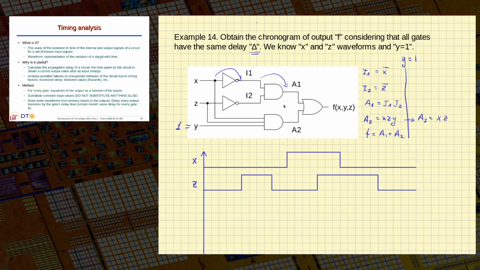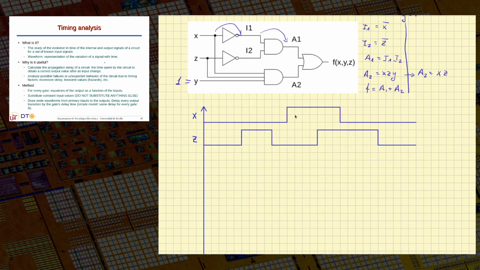Now, I can start plotting all the signals going from the input to the output. I cannot plot A1 yet because it depends on I1 and I2, and I don't really know what I1 and I2 are. So I start at the main inputs and we'll plot first I1. I know that this is X complemented.